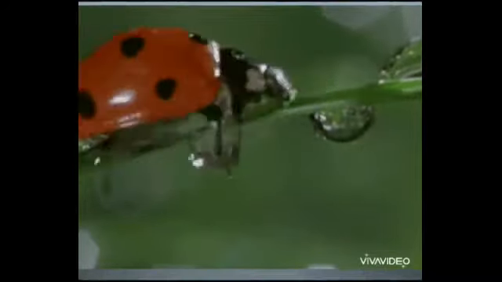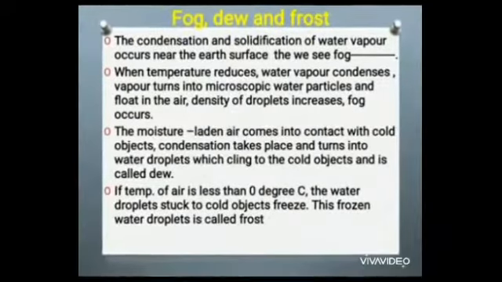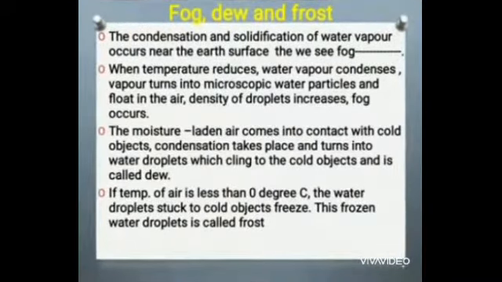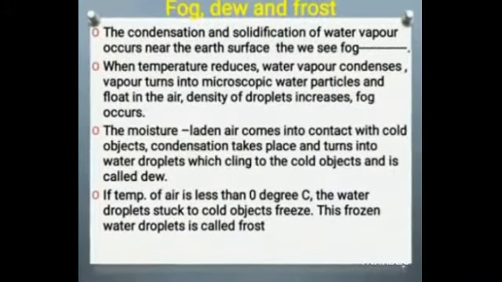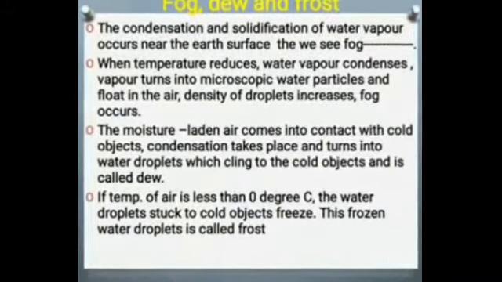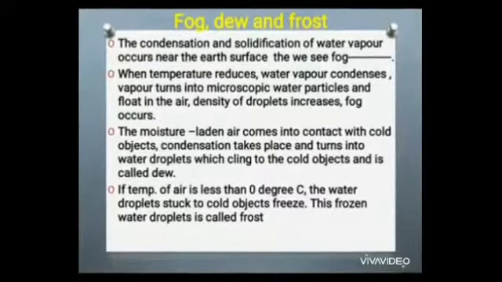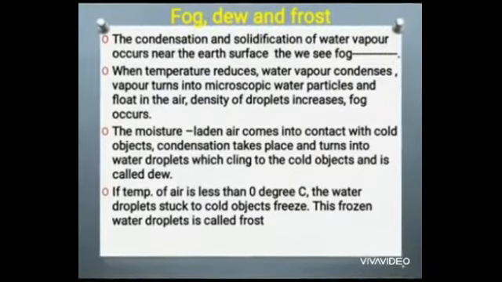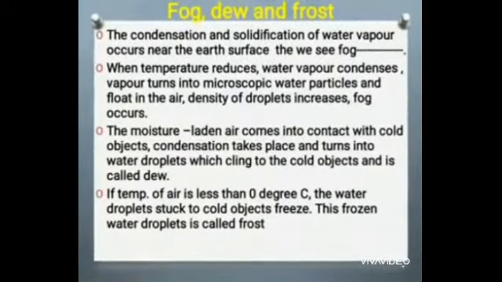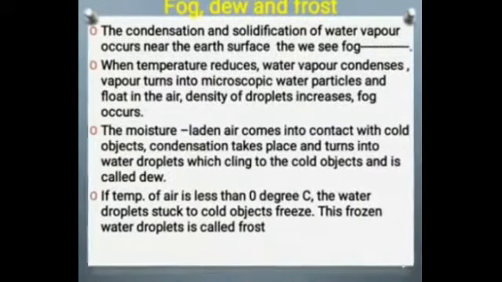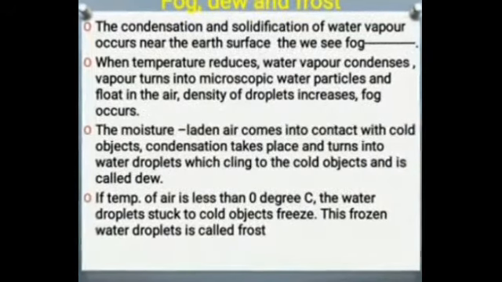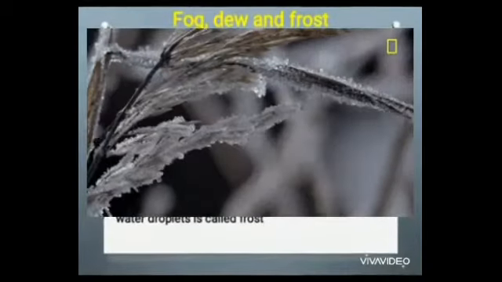If the temperature of the air is less than 0 degrees Celsius, the water droplets stuck to the surfaces of cold objects freeze. This frozen water droplet is called frost. Dew and frost occur on a large scale in winters.